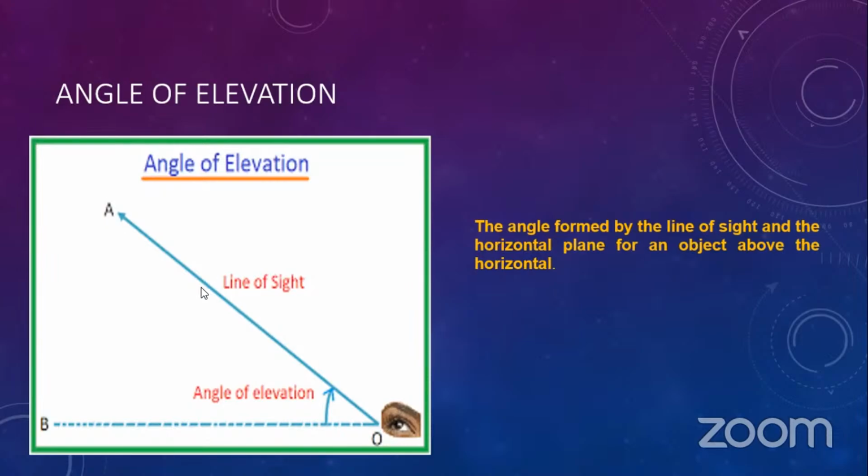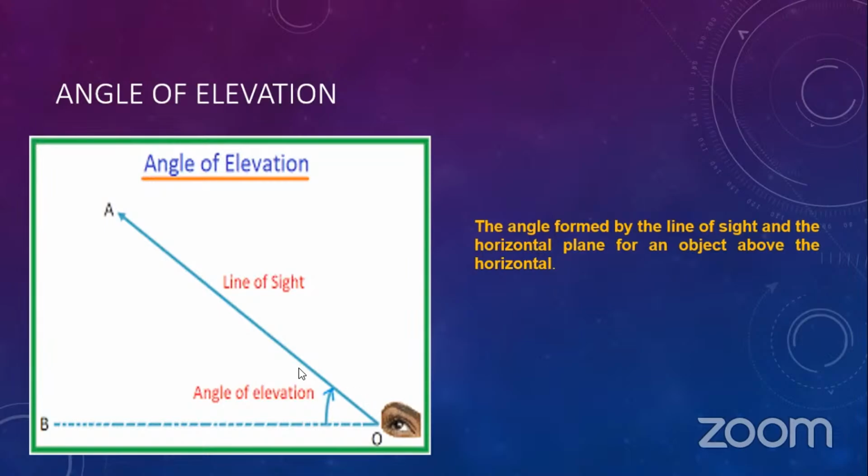If I am seeing an object at point A, then the angle that the line of sight makes with this horizontal line is called the angle of elevation. Understand? Something which we are looking at in the upward direction from the horizontal base, that is the angle of elevation. It means we are just keeping our heads up.